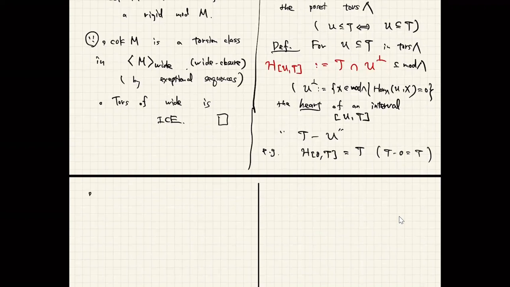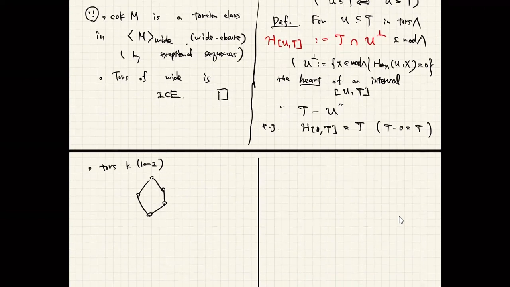For example, consider this path algebra, then the poset structure, the Hasse diagram of this torsion class poset, is this 5-element lattice.